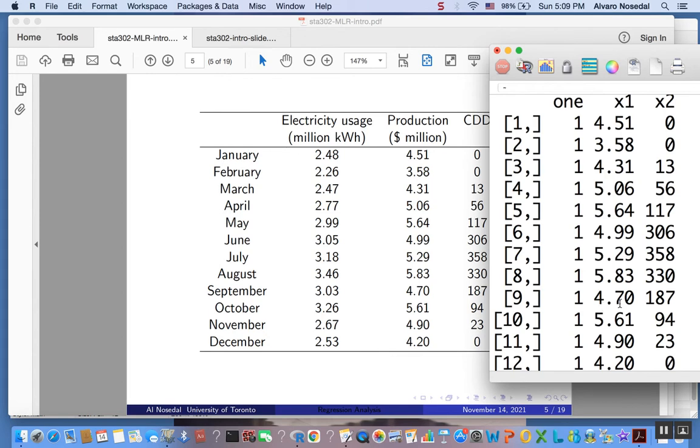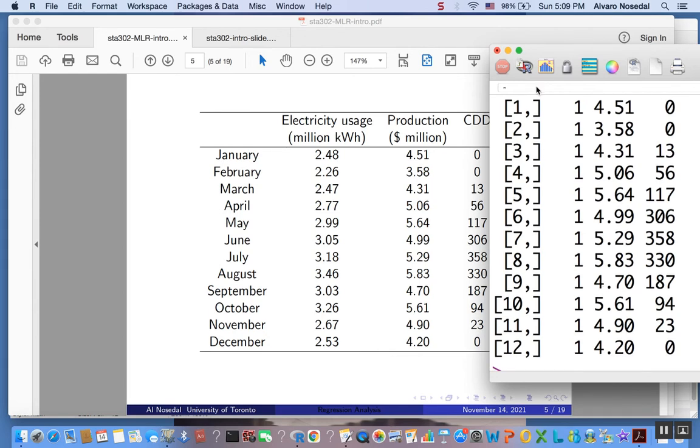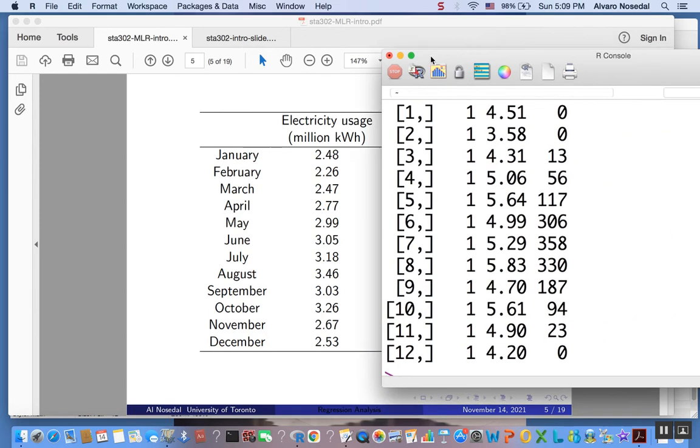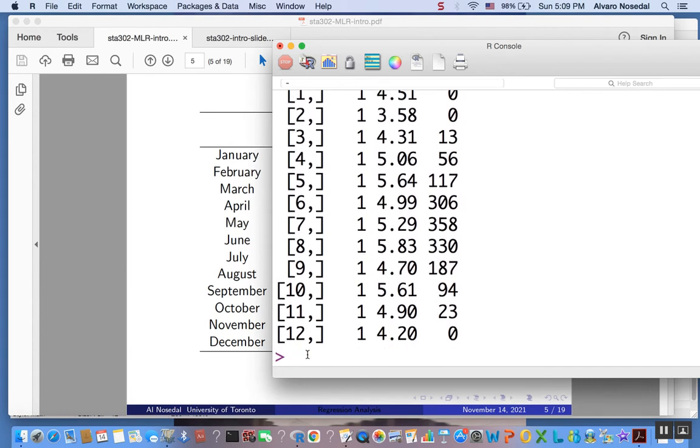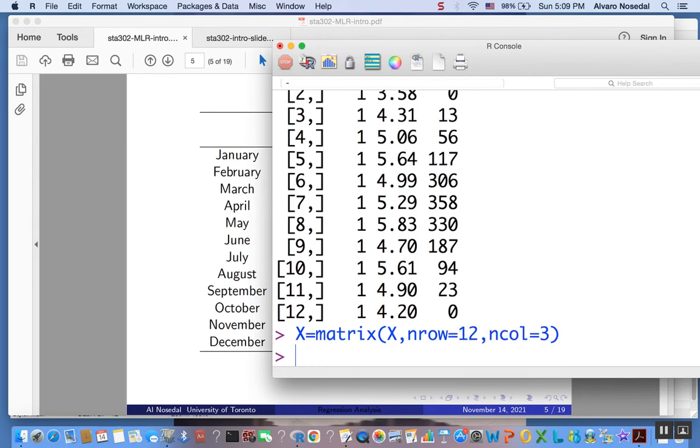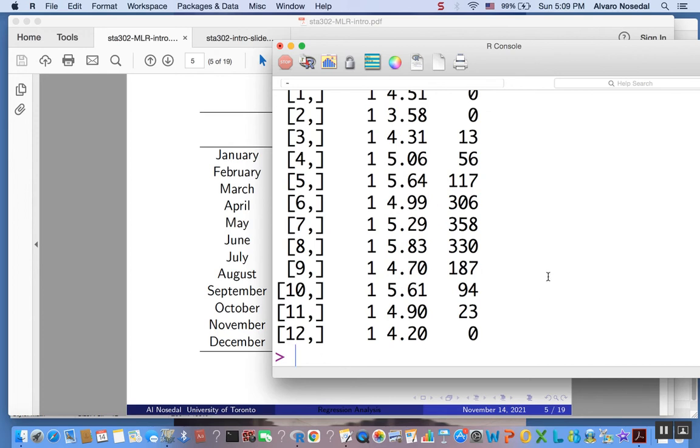So, okay. So again, matrix X has 12 rows, 3 columns, and we want to make sure that R uses X as a matrix, right? So number of rows, 12, number of columns, 3. Okay. There. Great.